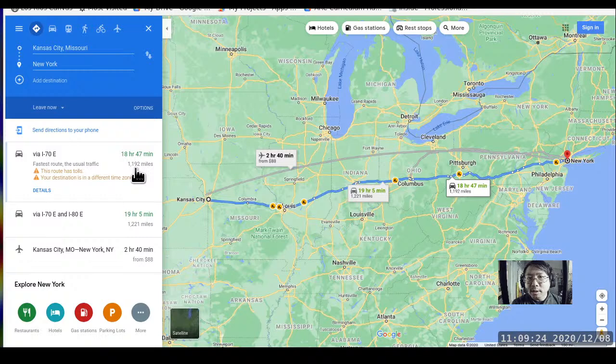Okay, and so the actual straight line, which is the gray line here, that's the flight. It would cost us $68, which is not a whole lot of money if you think about the distance. But we'll just make an assumption that it is 1,000 miles. Okay, if you were to travel on a straight line on the sphere on Earth from New York City to Kansas City, it is 1,000 miles.